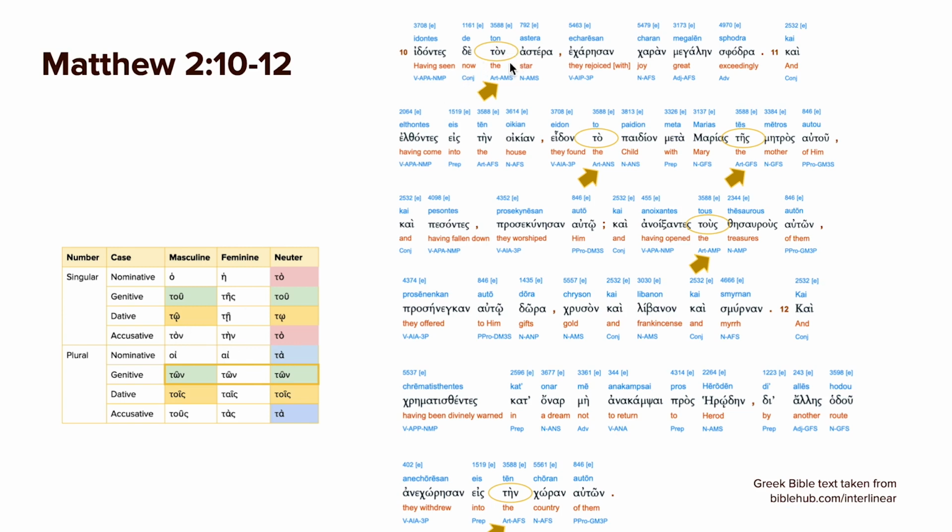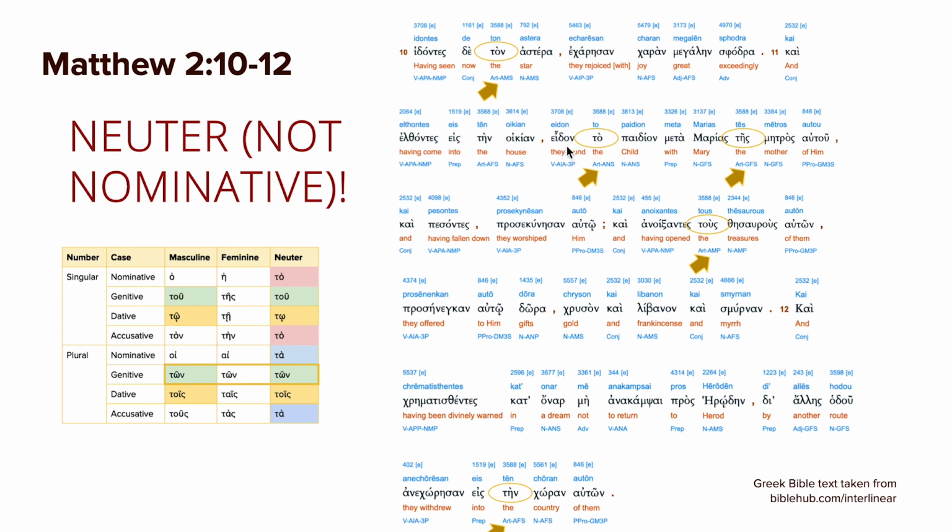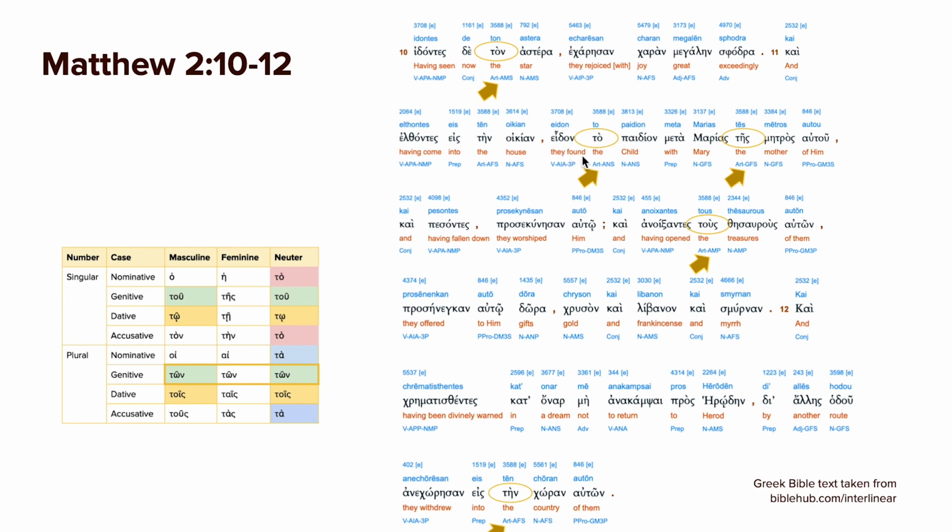And they saw the star, so it's a direct object. That's why it's accusative. Next we have ta paidion, the child, accusative neuter singular. They found the child. It's the object of found. So ta paidion. Notice ta. And now remember, ta paidion is also going to be the same in nominative.